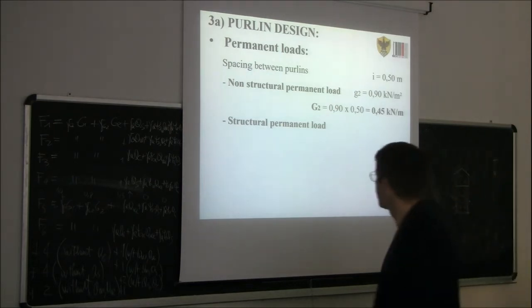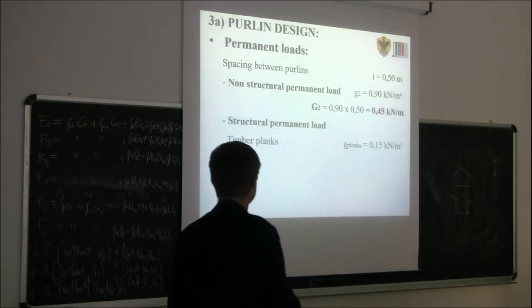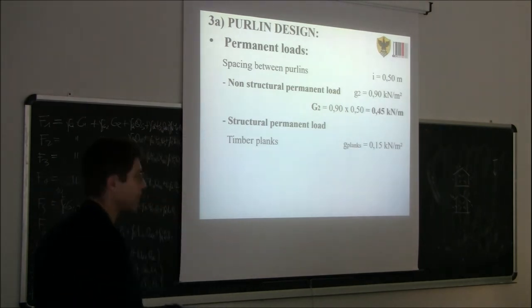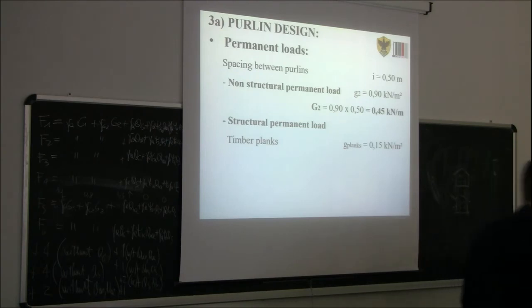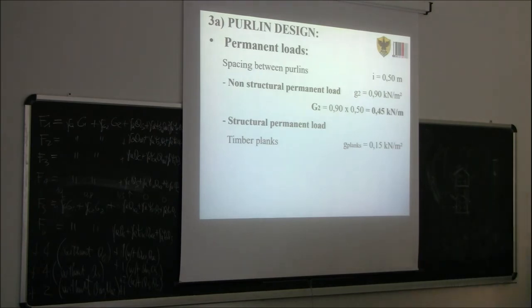Then we need to calculate the structural permanent load. Structural permanent load is the load of the planks, this layer of planks that we have above the purlin. We assessed yesterday this load was 0.15 kN per square meter. So we multiply 0.15 times 0.5, the tributary width of the purlin, giving 0.075 kN per meter.